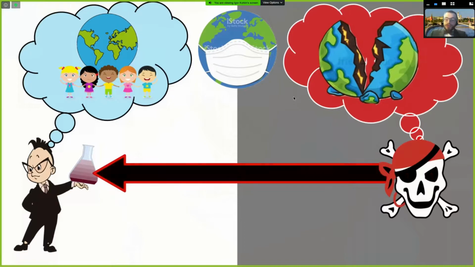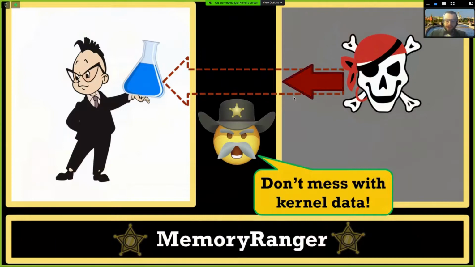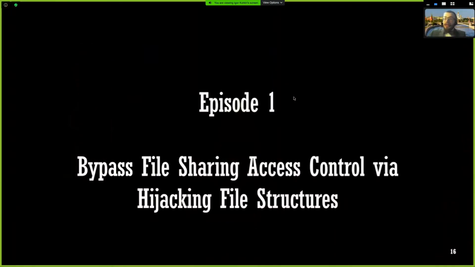He is plotting to steal and modify the formula. It is very likely that he can succeed. That is why I have developed my MemoryRanger to prevent attacks on kernel data. My MemoryRanger guarantees that the secret data remains safe. Let's see how it works.